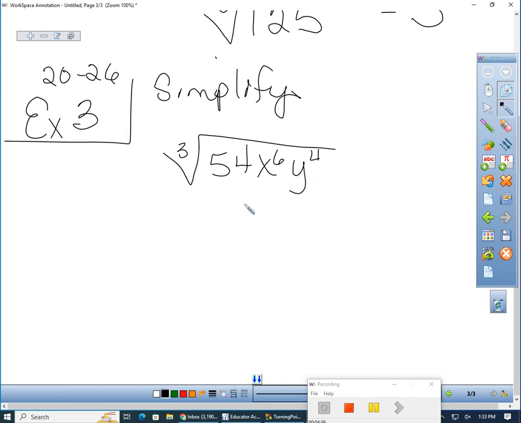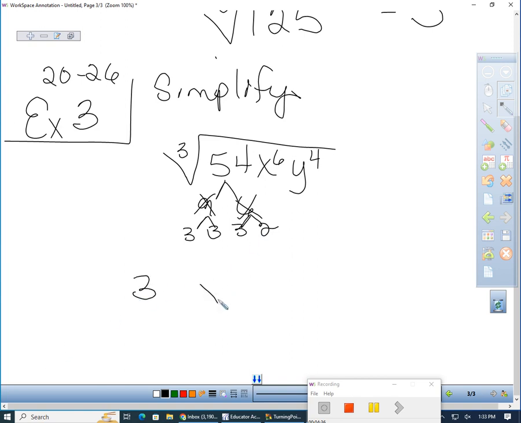First we're going to start with our number, and we're going to break 54 down. 54 breaks down into 9 times 6. 9 is 3 and 3. I'm going to cross out my 9. 6 is 3 and 2. I'm going to cross out my 6. What number gets to come out of there? 3. I have a cube root. What number's got to stay home?